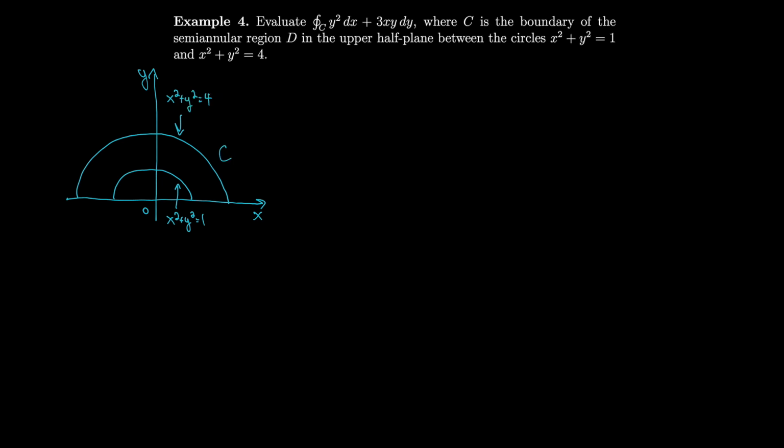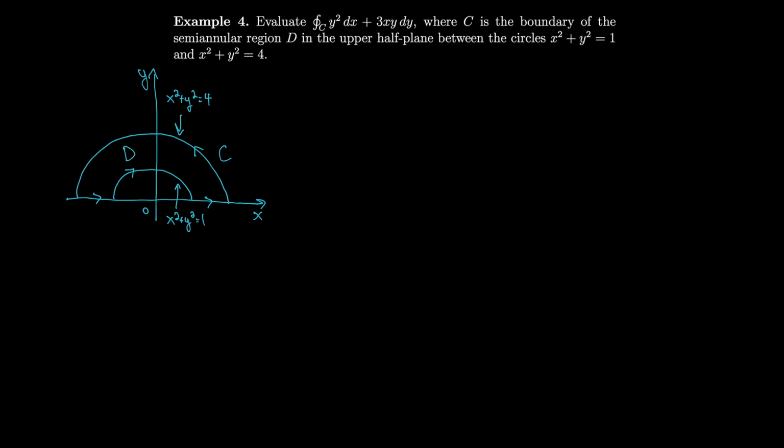And this is our semi-annular region, so it goes in the positive orientation because of our little circle that we see, so that means it goes from here to here to here to here, and this forms our region D.